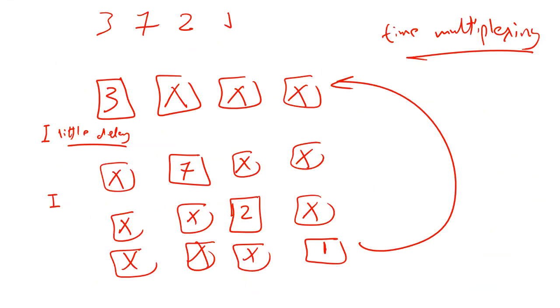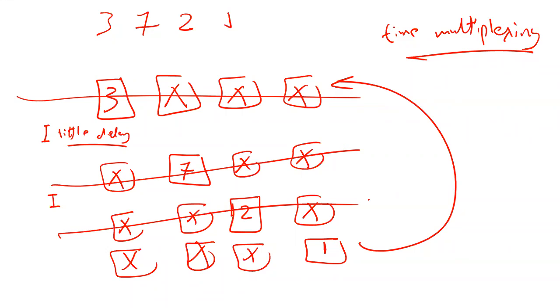RTI can take care of it, because RTI is used if you need something periodic. So I have something periodic here: here I have to do something, here I have to do something. In one interrupt, I do this one. Next interrupt, I do this one. Next interrupt, this one. Next interrupt, this one.